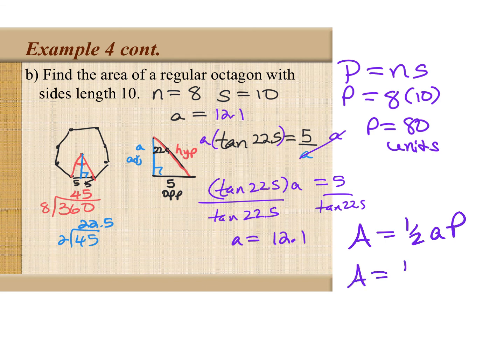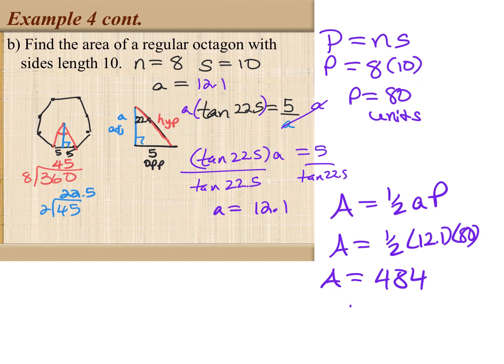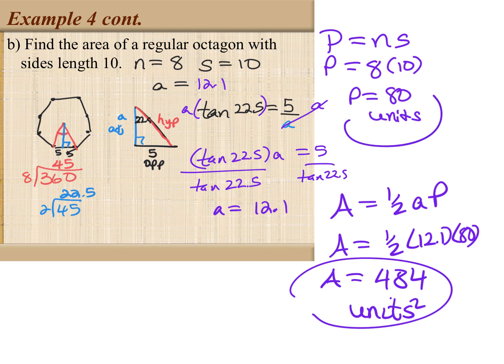I just found the apothem to be 12.1 times the 80, which is the perimeter. And once I multiply, I am going to get 484 units squared. And that is it for the notes.